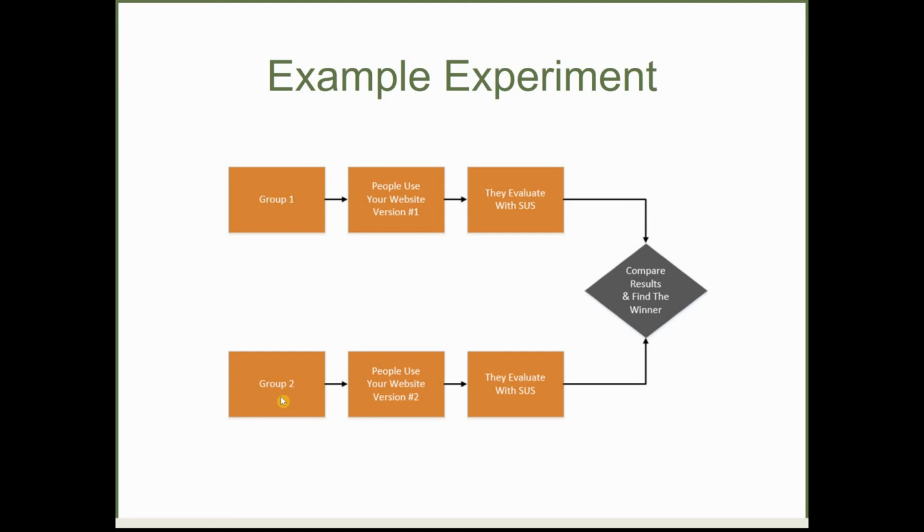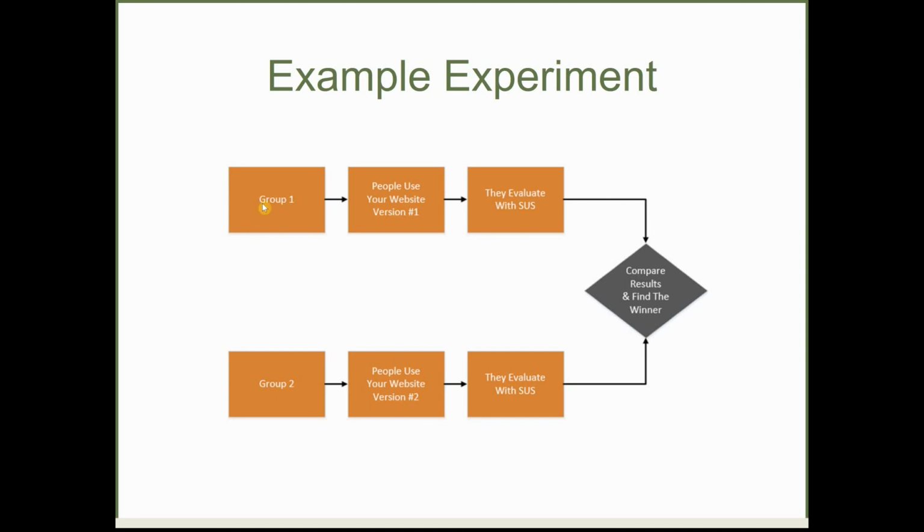Group 1 and group 2 could be the same, or entirely different, or they could be pairwise matched, meaning that the characteristics of people in this group are exactly the same as the characteristics of people in the other group.